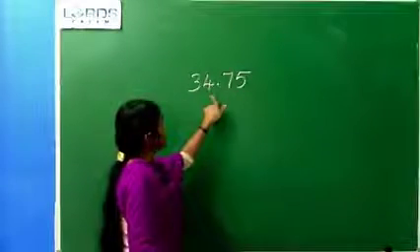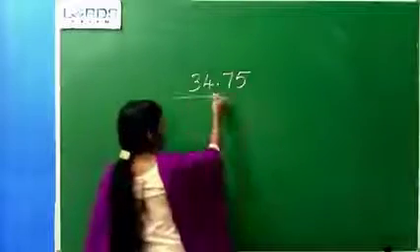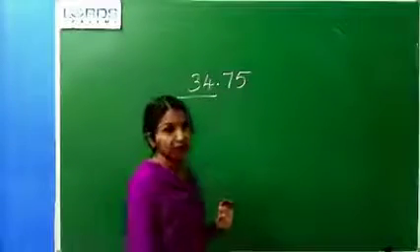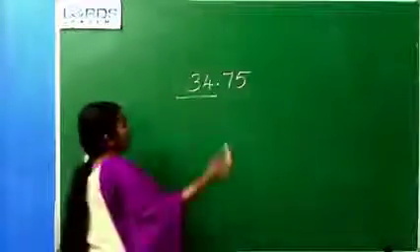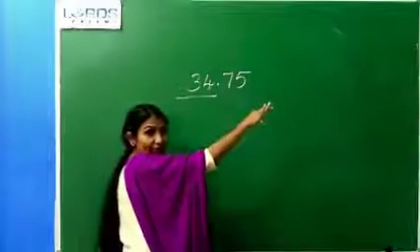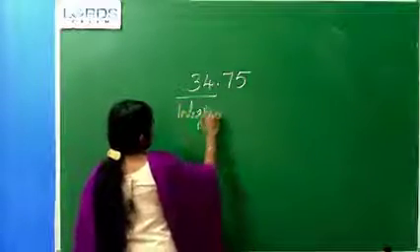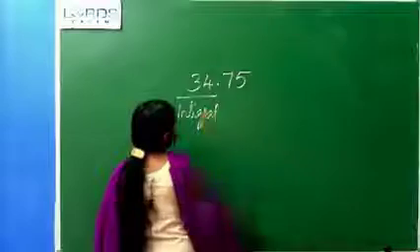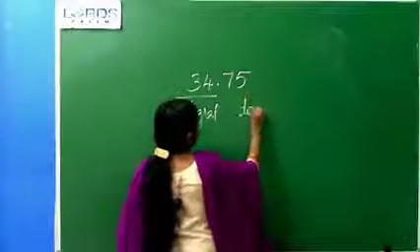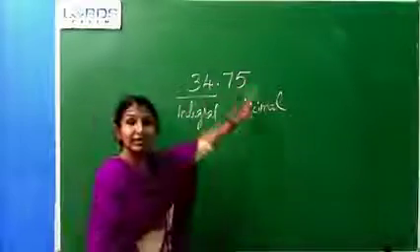The first part, before this point, is known as the integral part, and the 75 after the point is called the decimal part. So integral part and decimal part.